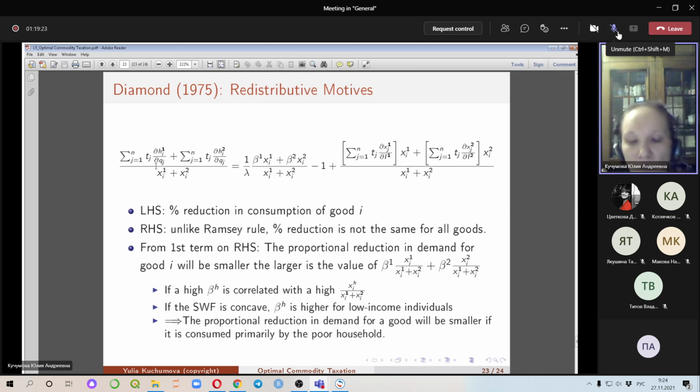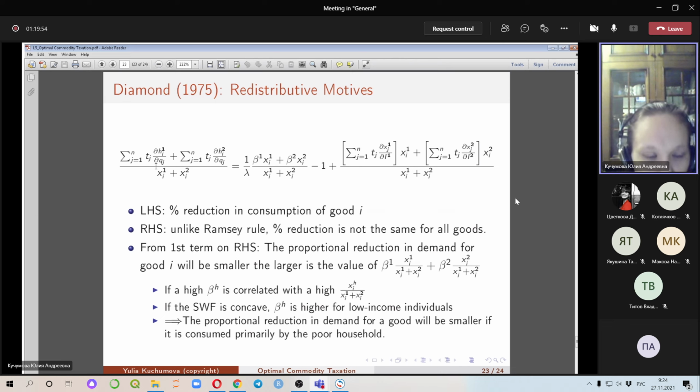Because then there would be the highest beta_h multiplied by the highest consumption, and this occurs for those goods that are consumed primarily by those poor individuals. So it's logical that we don't want to tax poor individuals a lot. We understand this even without the model.